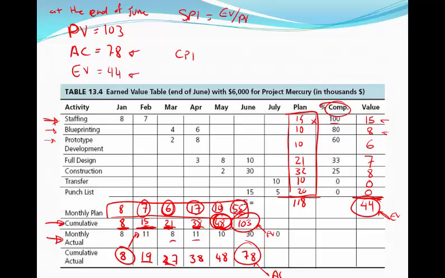SPI tells you your current run rate against your planned schedule. CPI, the formula for that is your earned value number divided by your actual cost number. What CPI tells you is your current spend rate against your planned budget.